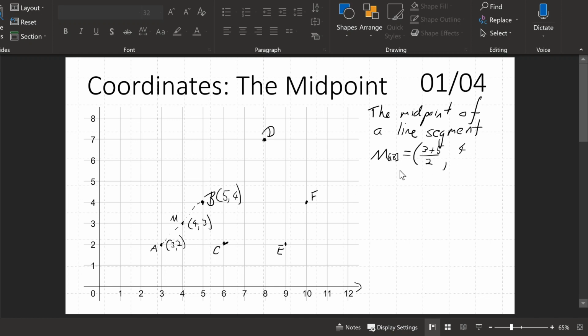And similarly, half the sum, the addition, of the two y values. So you can see, wait a second, 3 is half of 4 plus 2. So that's going to be true for every single midpoint.